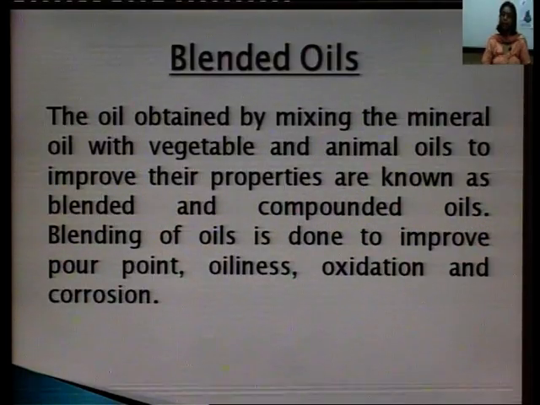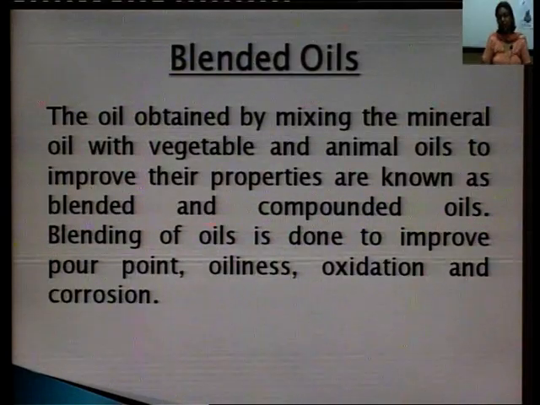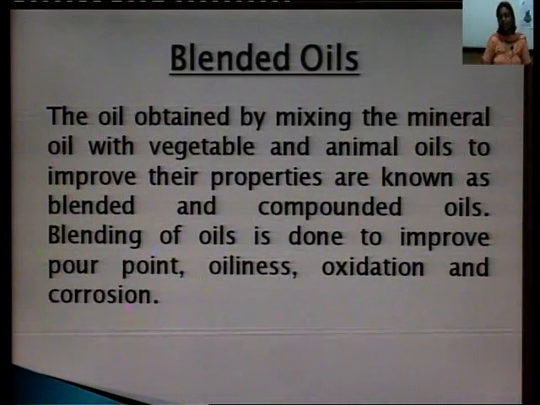Next type is the blended oils. The oil obtained by mixing the mineral oil with vegetable and animal oil to improve their properties are known as blended and compounded oils. Now, if we use either vegetable oils or animal oils as such, then actually the problem is vegetable oils and animal oils are very weak oils. At higher temperatures, they actually degrade.